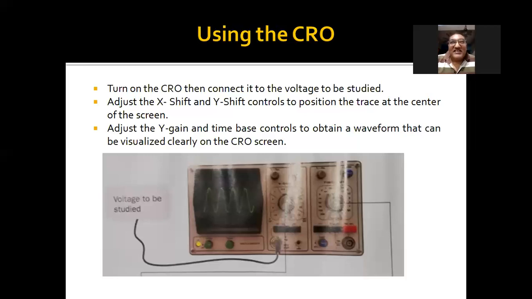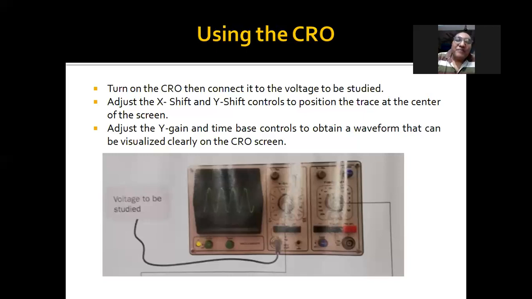And this Y gain is basically setting the scale of the Y axis. It means, for example, if you set the Y gain to 2 volt, then it means that 1 square in the vertical direction on the Y axis represents 2 volt.